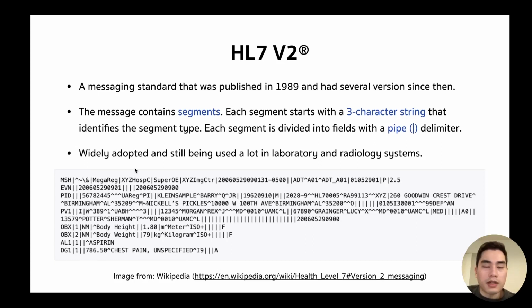You don't have to understand this because it's not the main topic of today, but in overview, the message contains segments, and each segment starts with a 3-character string. From here all the way to here, this is one segment, this is one segment, and each 3-character string is the identifier of the segment type.